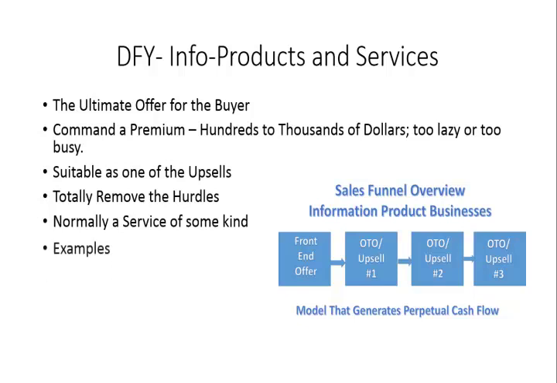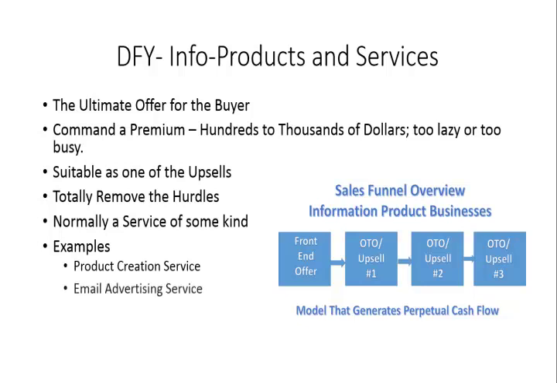Now, what are some examples of how you might do this? Well, you might consider a custom product creation service inside of internet marketing. So once you have shown an individual how to create a product, well, they may not want to do it themselves. They may not want to go and put together all that it takes in order to create a product. Well, you do it for them, or you put together a team that actually does it for them.